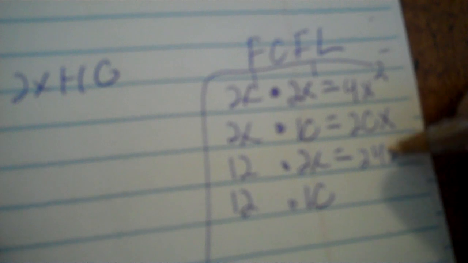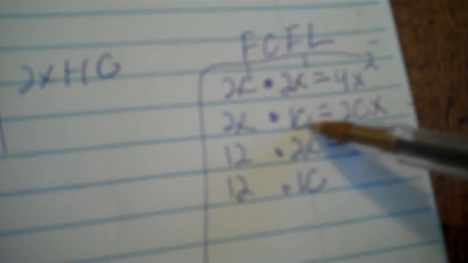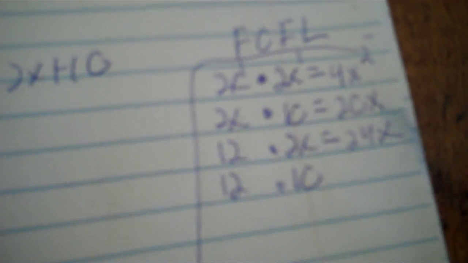Okay, 2 times 2 is 4, x times x is x to the second, because they're both to the first, just add the 1 and the 1. 2 times 10 is 20, and that's just x. 12 times 2 is 24, that's just x. If I don't have an x to multiply by, if that's my only x, I just put it down.